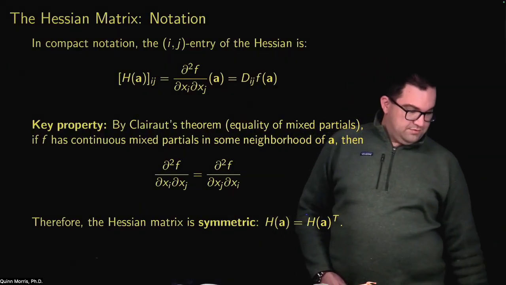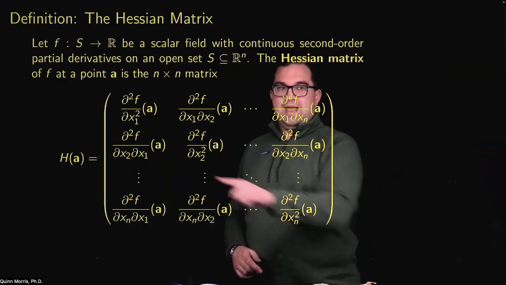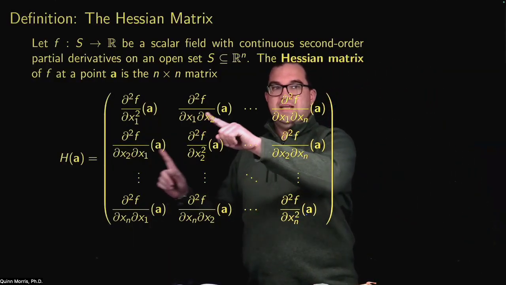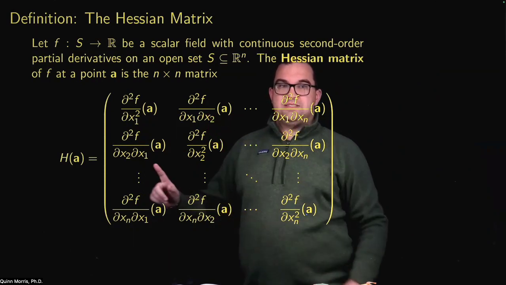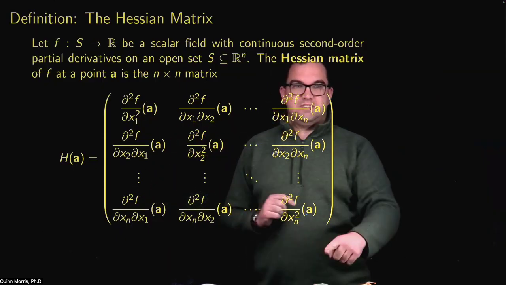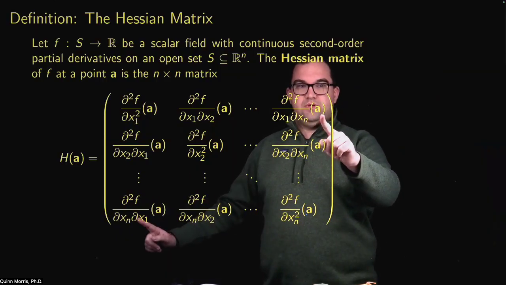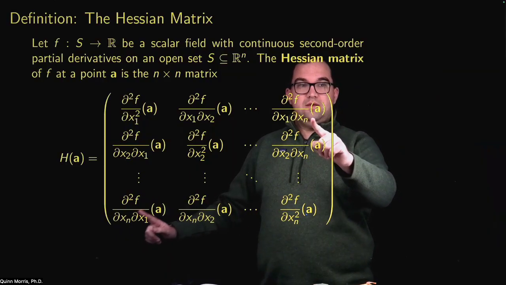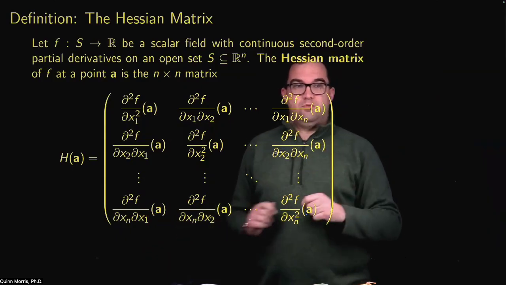If it's been a while since you took a linear algebra course, symmetric simply means you have your diagonal entries, and then the ijth entry, so this would be the 1, 2 entry, is the same as the 2, 1 entry. So it's symmetric across this diagonal. This entry and this entry would be equal to one another because these are mixed partial derivatives, which by Clairaut's theorem must be equal to each other.